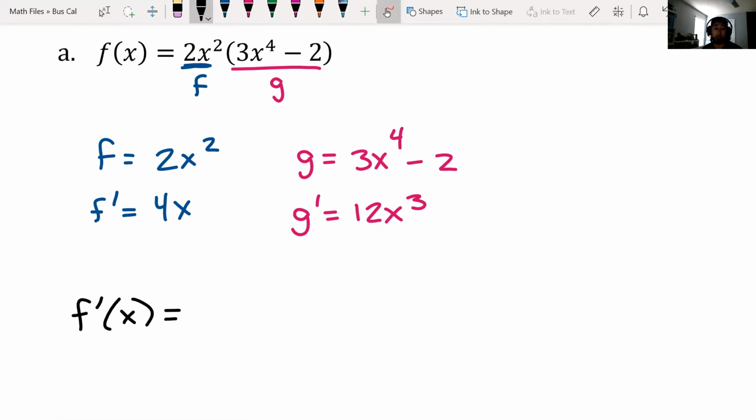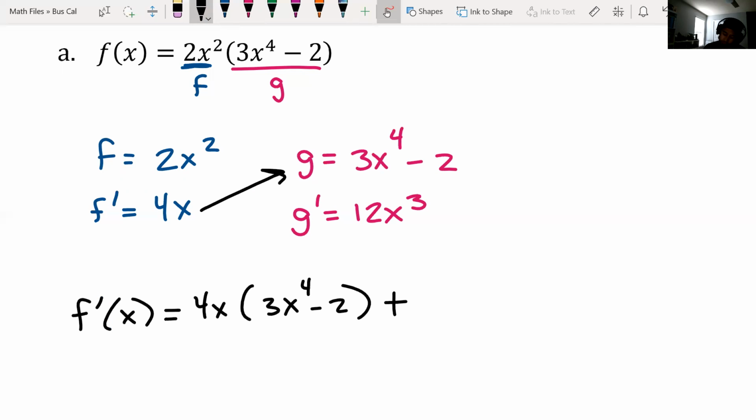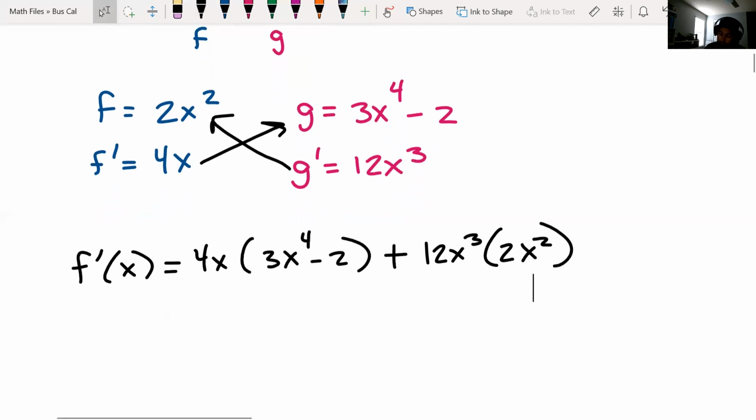Following the product rule, that's f prime times g, so 4x times 3x to the fourth minus 2, plus g prime times f, 12x cubed times 2x squared. Now the calculus is done, the formula is done, so all we have to do is simplify algebraically. The rest from here is algebra.